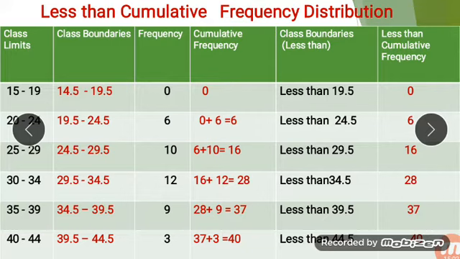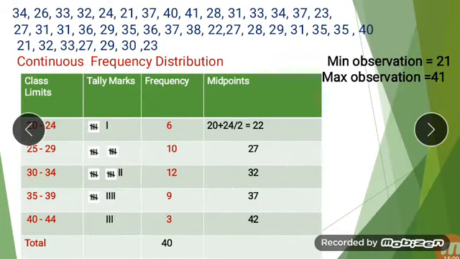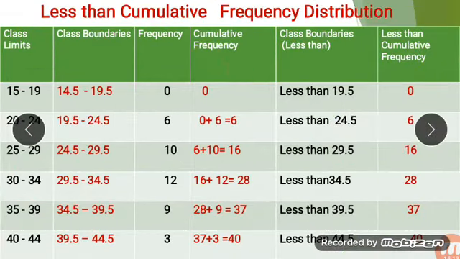Now, how many students are with weight less than 24.5? There are 6.